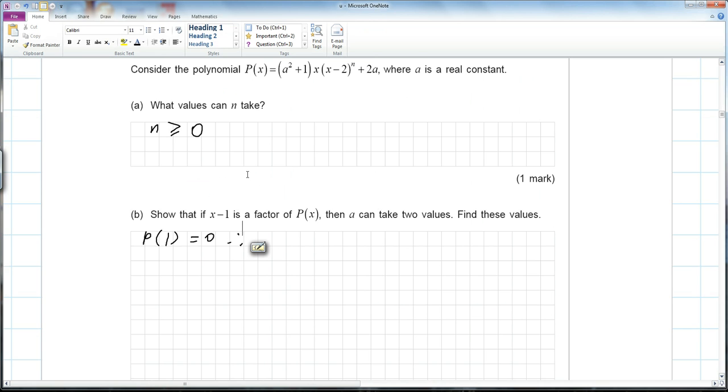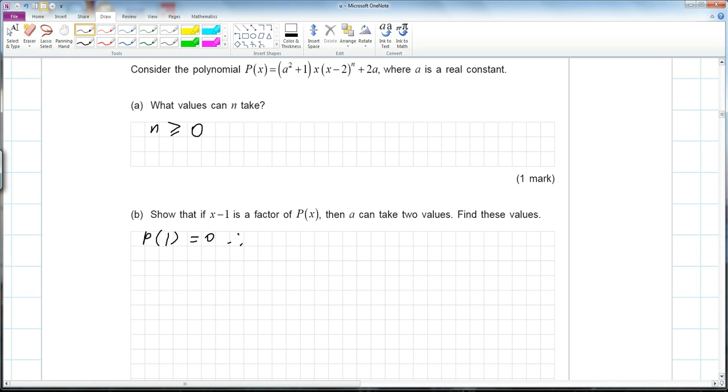Therefore, putting that back into our polynomial, we've got a squared plus 1, replacing the x by 1, and 1 minus 2 to the power of n plus 2a equals 0.